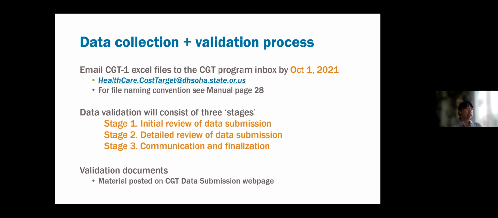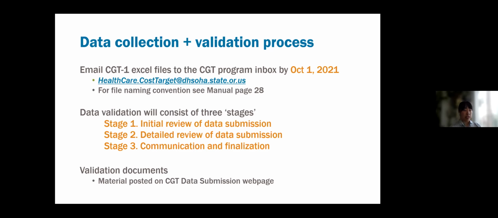So we're doing them in 3 stages. Stage 1 is an initial review of submission, looking at large structural issues. Stage 2 is a more detailed review of the contents of the data submission. The results of what we find in stage 2 we'll share with payers in stage 3.